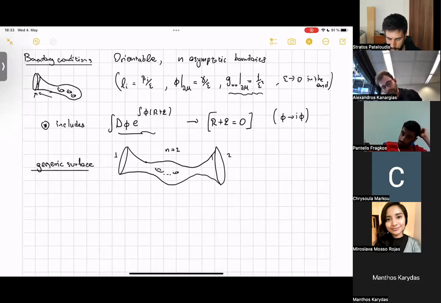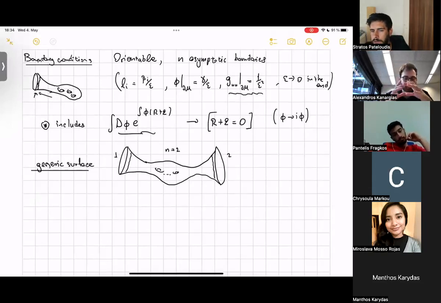And what the functional integral will do now is you want to integrate over all possible such surfaces. What I mean is, for example, if you have a circle, you can have one circle for each possible radius.